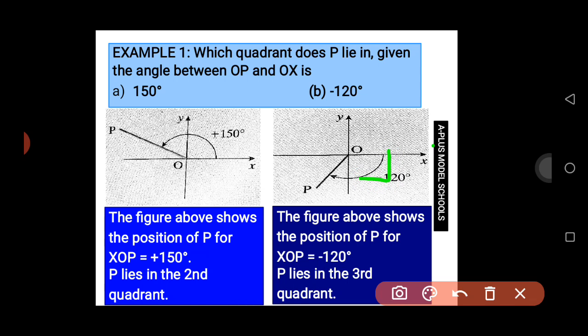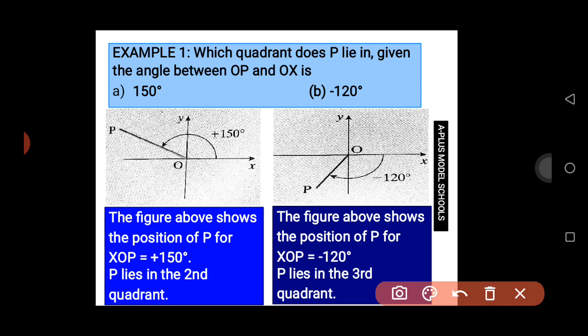So that is 90, 100, 110, 120. That is 30 degrees. So you can see that's why I'm bringing out 30 degrees from these quadrants, which is 1, 2, 3. So it means minus 120 degrees falls in the third quadrant. So minus 120 degrees is in the third quadrant.